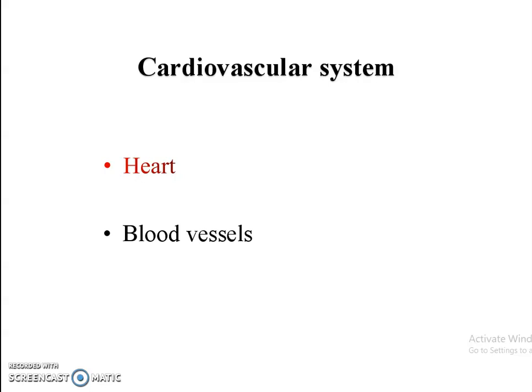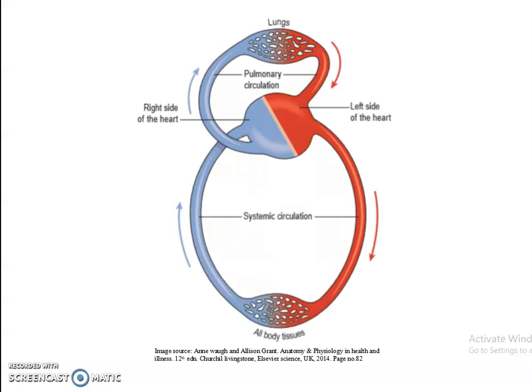It mainly includes the heart as well as the blood vessels, the arteries and the veins. The important function of the heart is that it keeps circulating the blood throughout the body by its pumping action.